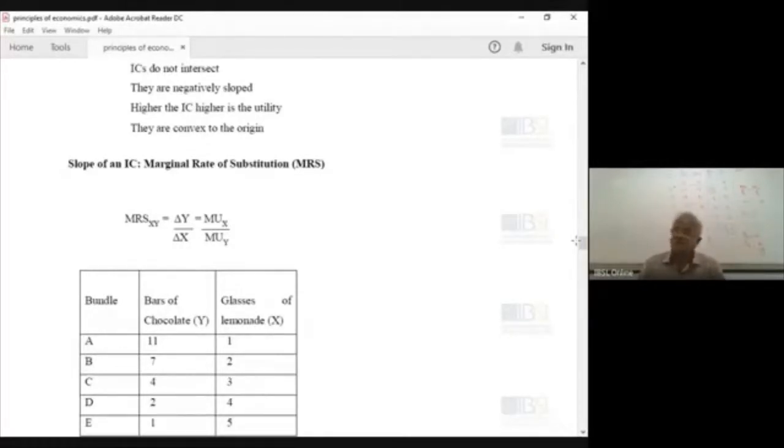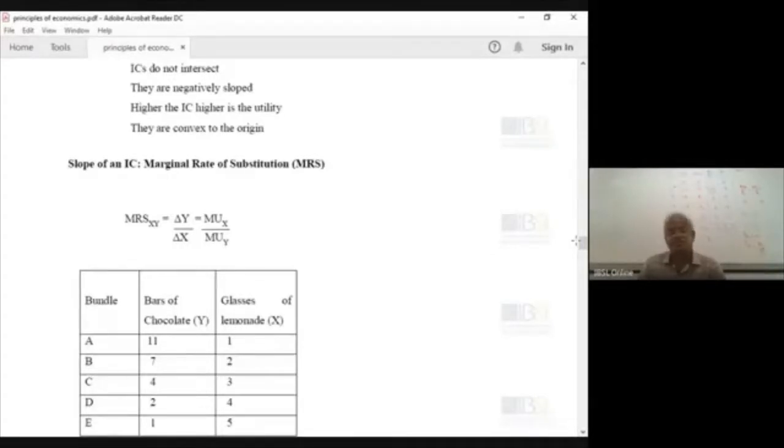Another concept you will come across when you discuss the theory of firm is called marginal rate of technical substitution, MRTS. But in theory of consumer behavior, we call it marginal rate of substitution.